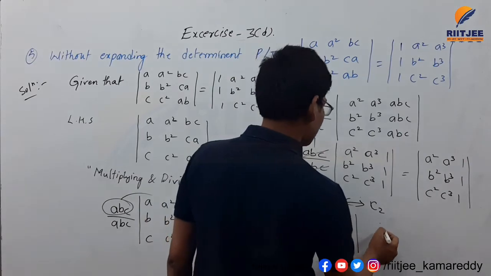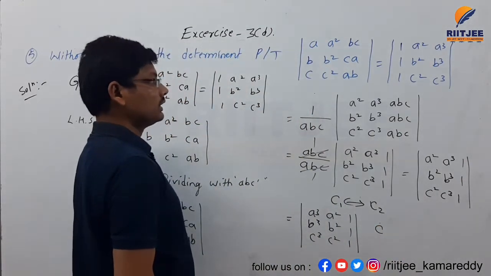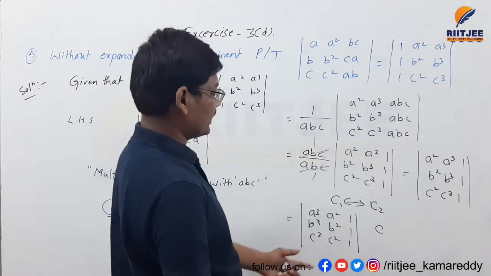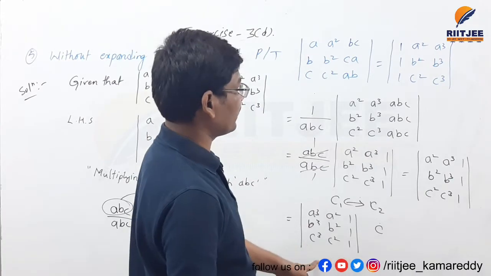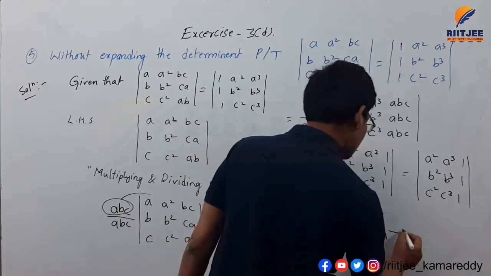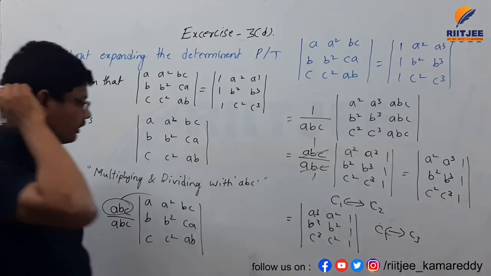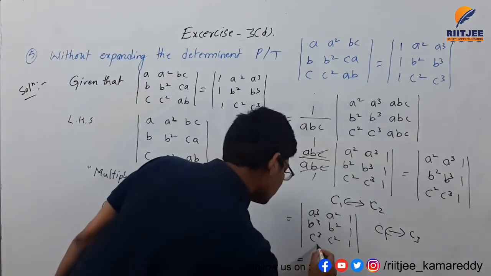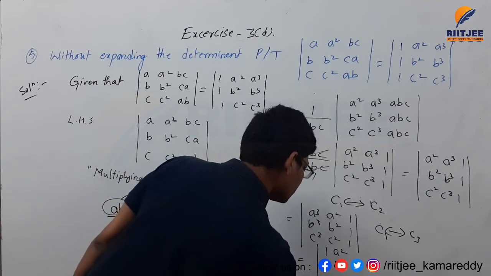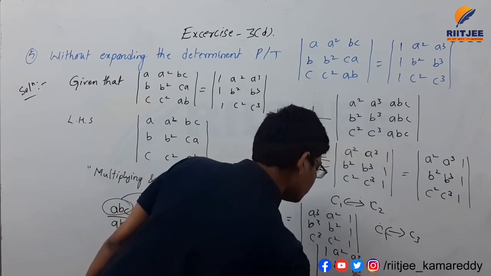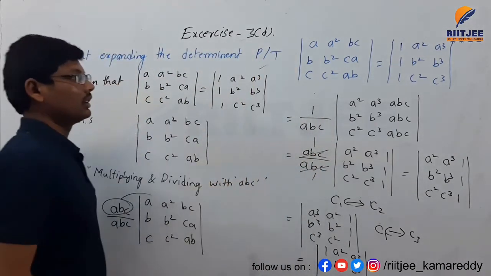And again I am interchanging C1 and C3 here. Then what will happen here? The final answer is 1, 1, 1; A square, B square, C square; A cube, B cube, C cube. This is the final answer for this question here.